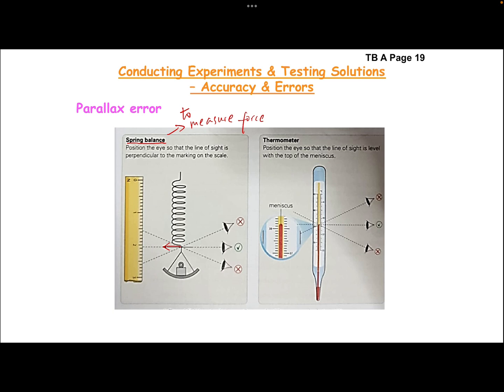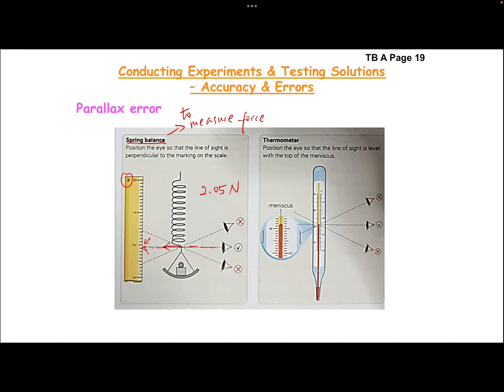Similarly, your line of sight must be perpendicular to the marking on the scale. So what should the reading be? If you take a look, it's between 2.0 and 2.1. So it's 2.05. So the reading is 2.05. What's the unit? Newton. Okay.